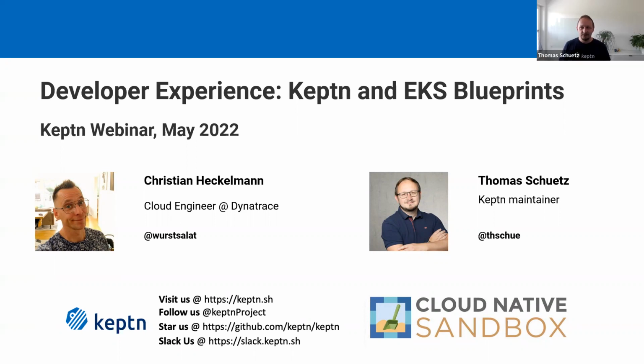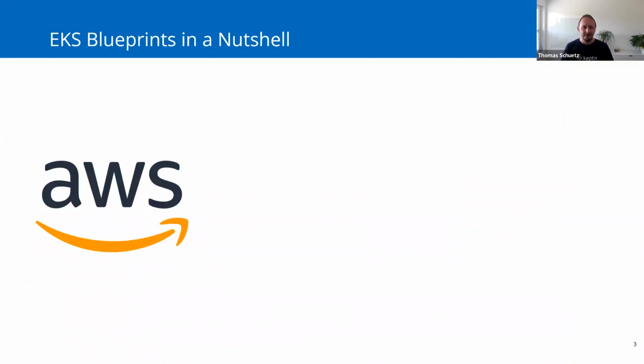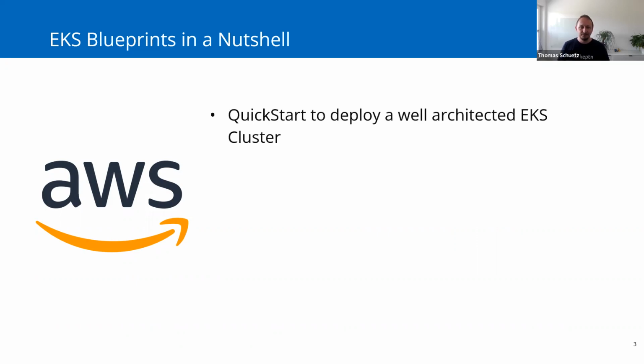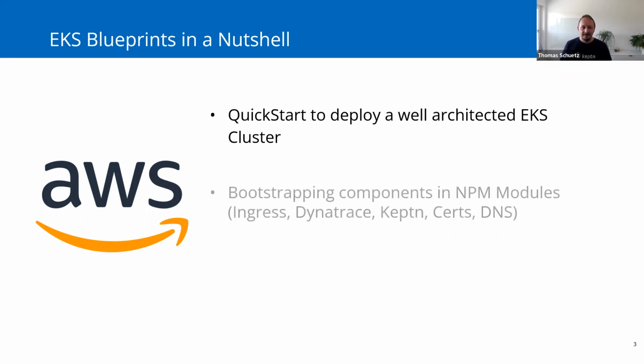Yes, in today's webinar, you will learn how to bootstrap a Keptn control plane using EKS Blueprints. So, first things first, what is EKS Blueprints? Firstly, EKS Blueprints is a quick start to deploy a well-architected EKS cluster. Secondly, it allows you to bootstrap a Kubernetes cluster with all of the necessary components in NPM modules, such as an ingress controller, Dynatrace for monitoring, in our case Keptn, but also certificates and DNS entries.